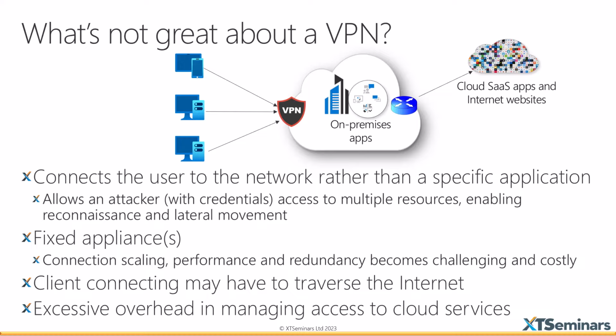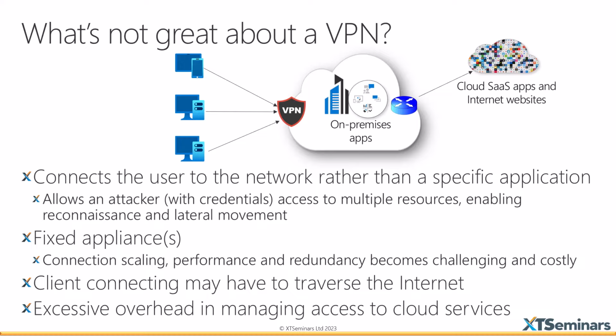And then, you have a VPN and it's possibly a fixed appliance or appliances, and then connection scaling becomes a problem. You need to scale up more connections because suddenly COVID's come along and suddenly all your workers are working from home. You've got to deal with performance, you've got to deal with redundancy, and it's all challenging, it's all costly. Another disadvantage is clients connecting may have to traverse the internet.